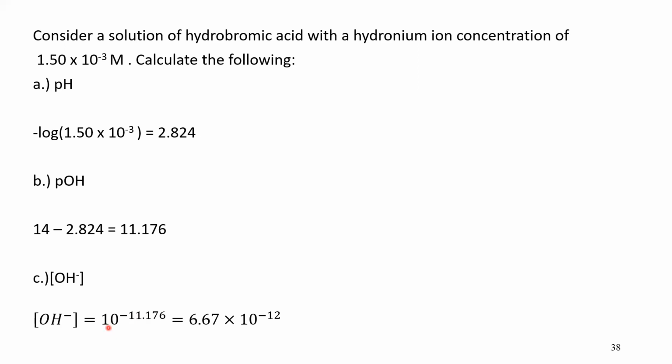Okay, that's your 10 to the x. Negative 11.176. Now, because we're starting with the pOH, the number of decimal places in the pOH tells us the number of significant digits in the hydroxide. So 6.67 times 10 to the minus 12. And there should be an M here, just so we have units to go with it.